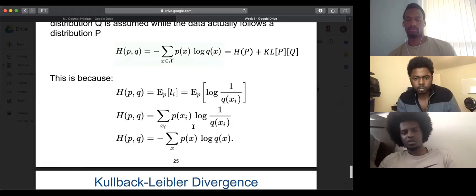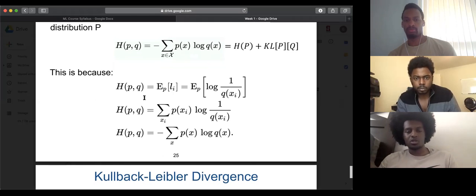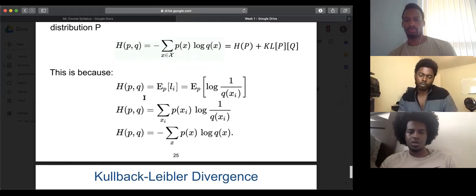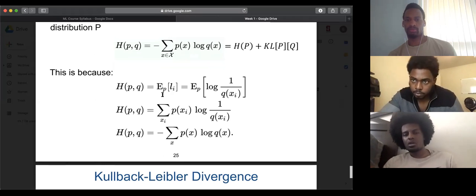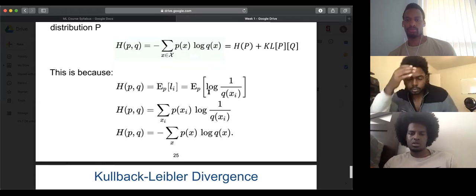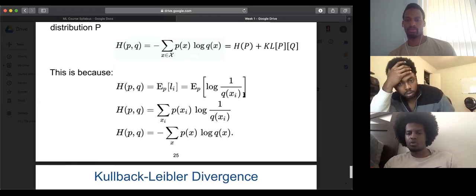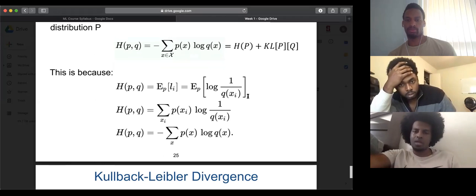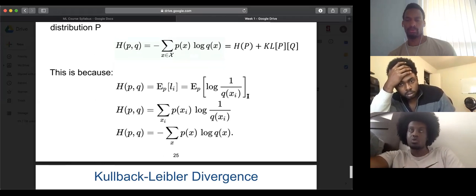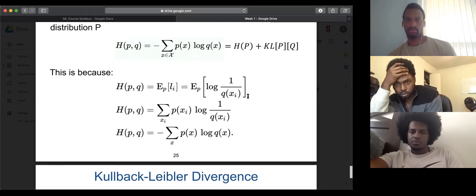So if you see the joint entropy of P and Q is the expectation of P given the log of 1 over Q of that data point. So 1 over Q, the new distribution that you're assuming, and then the observed data point you're looking at. So Li represents the observed.